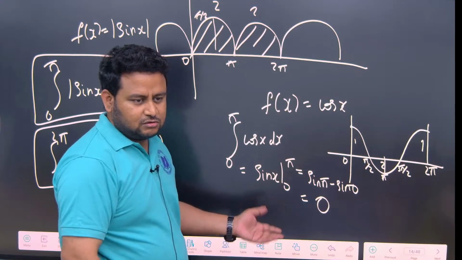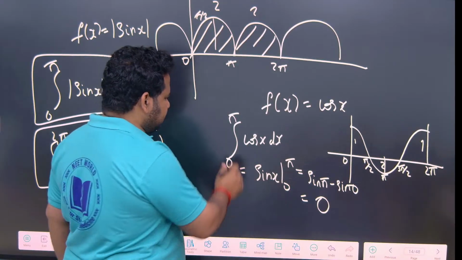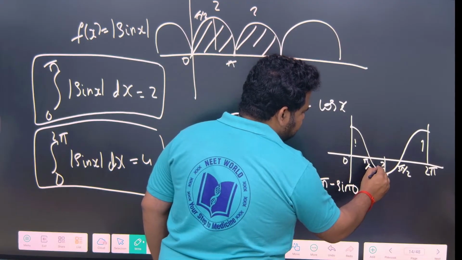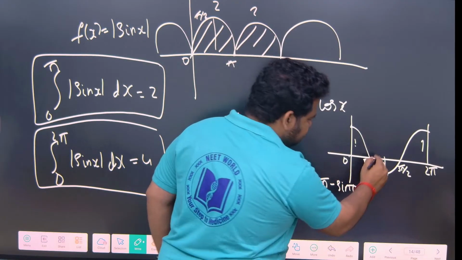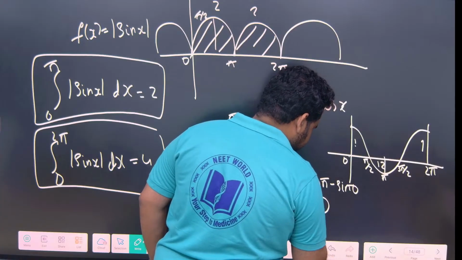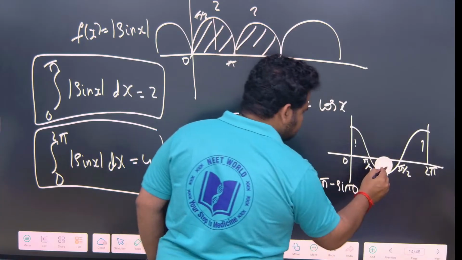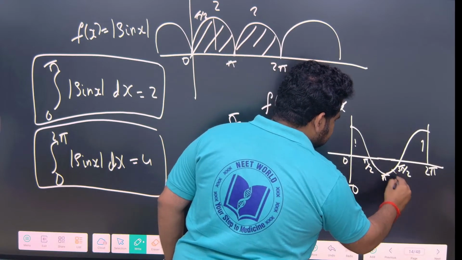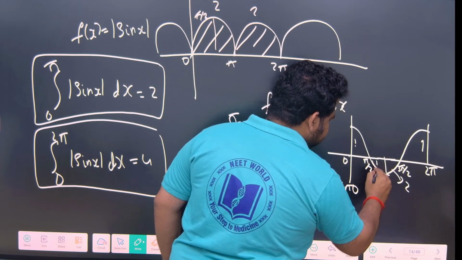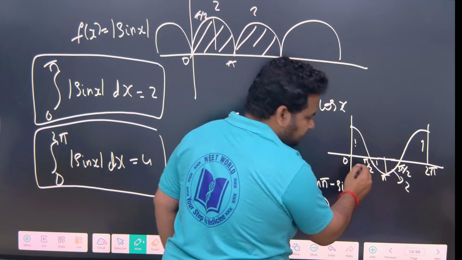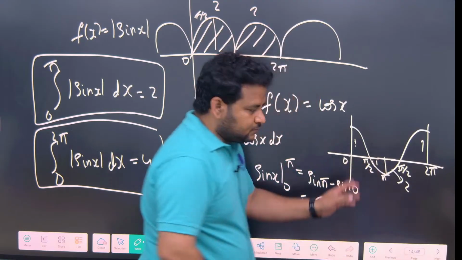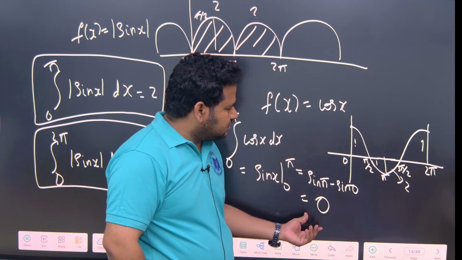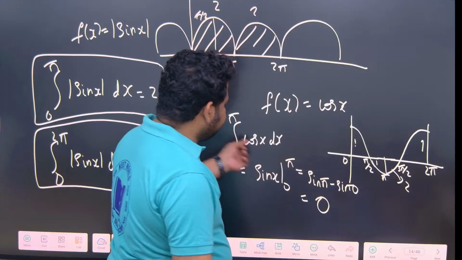See here, this half is 1, and this entire thing is 2. Don't get confused here. This half is plus 1, and this is minus 1, so plus 1 minus 1 is 0. That is the same thing we got here when it comes to cos x.